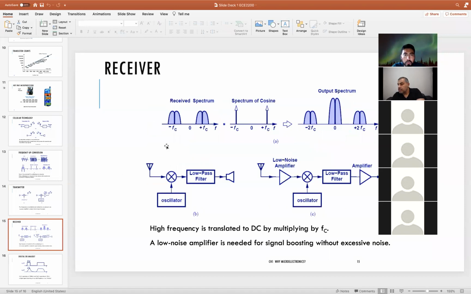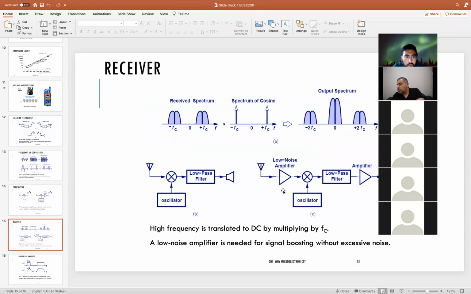On the receiver side, you have the same frequency oscillator here, you multiply and down convert. Basically you end up with these lobes, you get rid of them, and you end up with the central frequency.